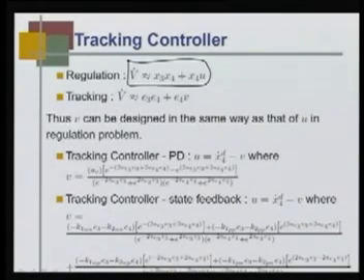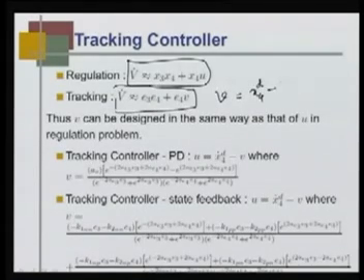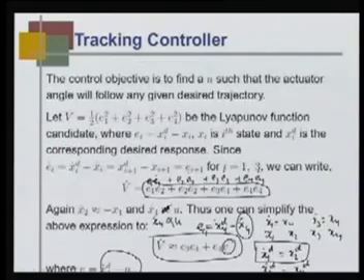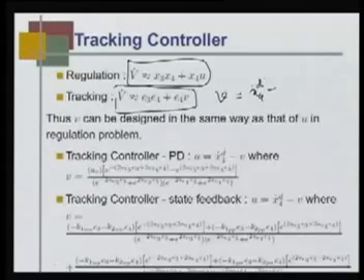For tracking, we found this to be V dot qualitatively equal to E3 E4 plus E4 into v, where v is x4 dot d minus u, and u is the actual control action and v is the virtual control action.